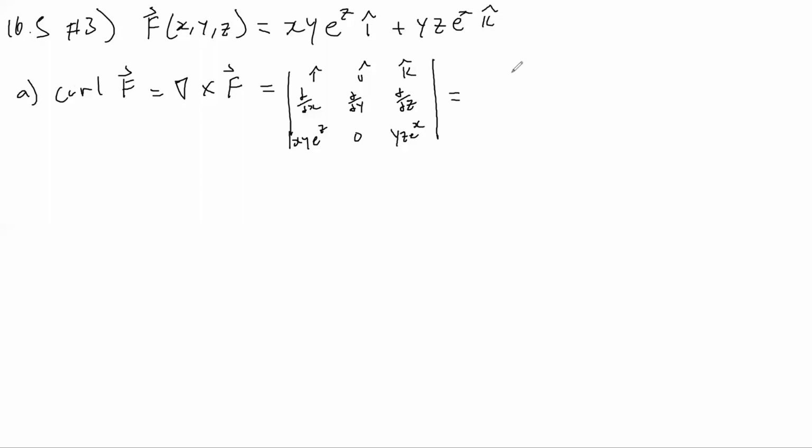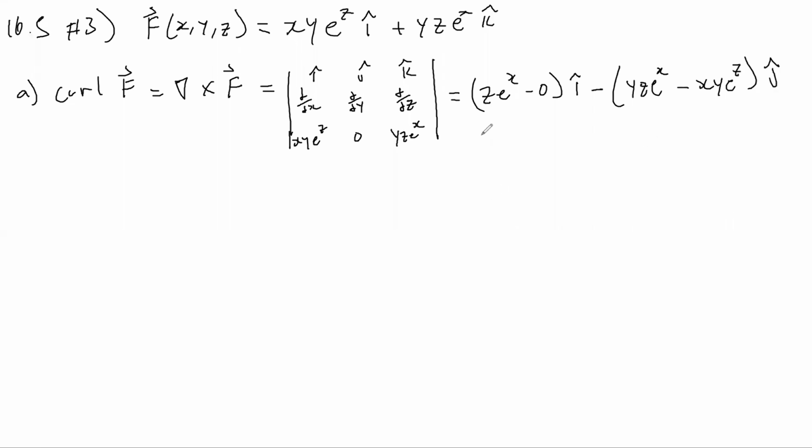If you compute that out, the resulting vector: crossing out i, we're left with the partial derivative of yz e to the x, which is just z e to the x, minus 0, i hat. Minus, remember the middle term is going to be a negative, yz e to the x minus xy e to the z, j hat.